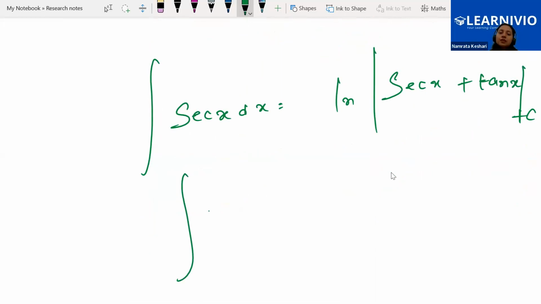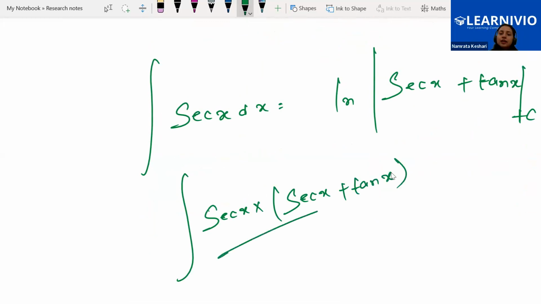If we take sec x, let me multiply sec x plus tan x along with it so that I can take the denominator as a substitution, and then log will definitely come. But will it help?